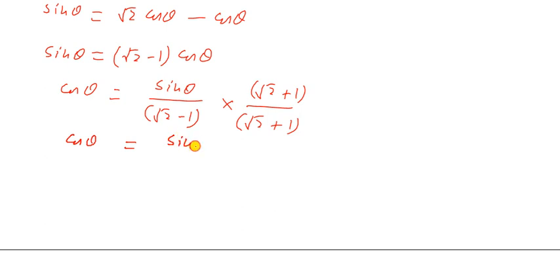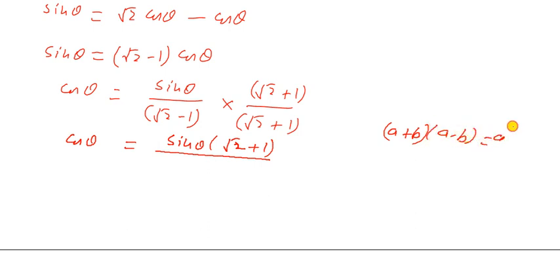So in this, cos theta is equal to sin theta and under root 2 plus 1 divided by, it is a plus b and a minus b. As you know, a plus b into a minus b is equal to a square minus b square. So you can write here under root 2 whole square minus 1 whole square.